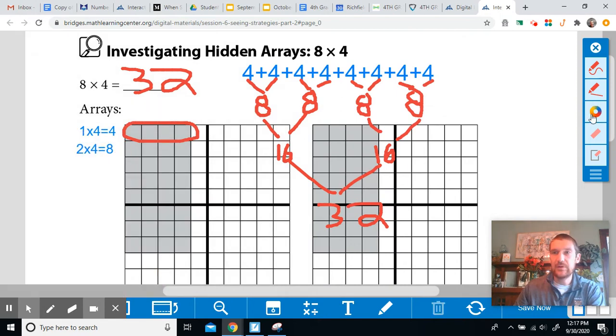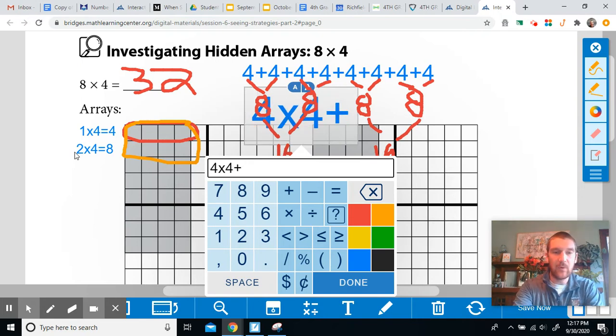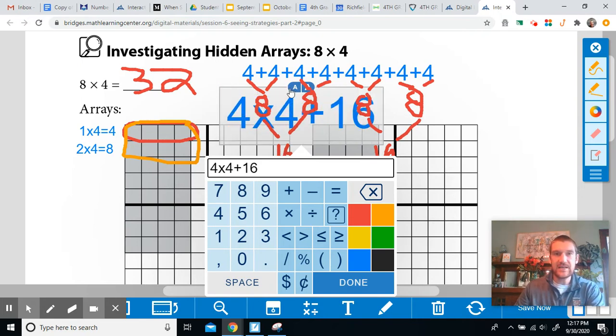And that would look like this. 2 groups of 4, twice as much space. Okay, that's 8. And then double that again. So instead of 2 groups of 4, 4 groups of 4, which is 16.